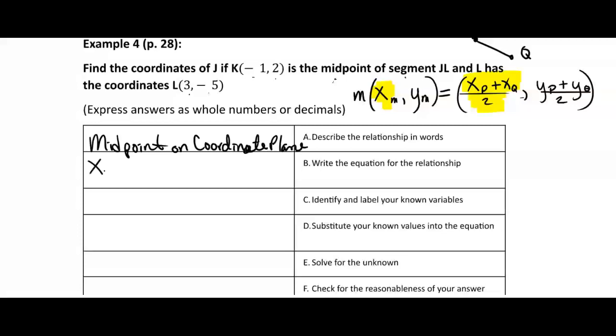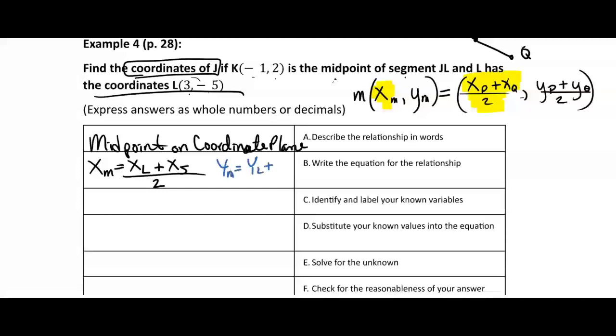So x of my midpoint is equal to the x of my first coordinate. In this case, I'm given one endpoint L, and my second coordinate J that I'm trying to find, x of J, divided by 2, and the y coordinate of my midpoint will be the y of L plus the y of J over 2.